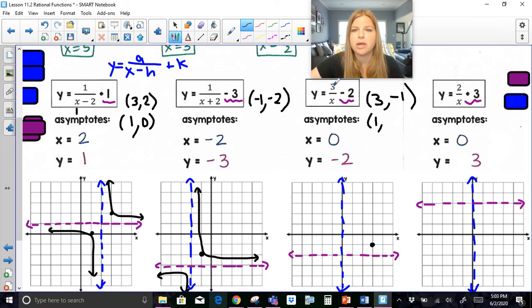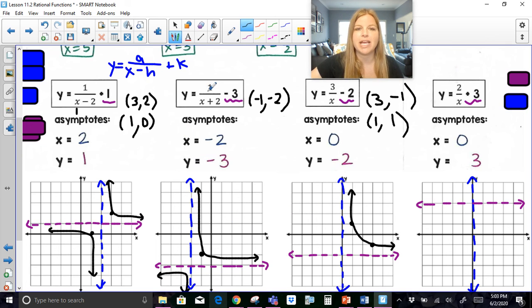How about 1? 3 divided by 1 is 3. 3 minus 2 is 1. So 1, 1 is actually the other point, and it curves out this way. And for an a value of 3, it makes the curve kind of steeper like that, not as wide. Just like the a value did that for parabolas and things like that.